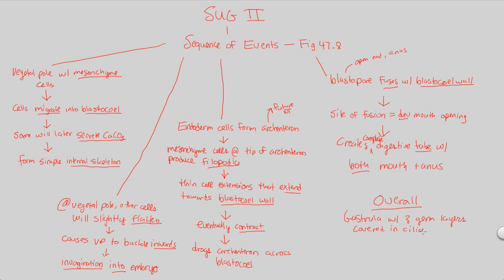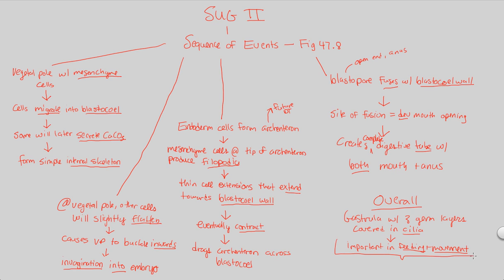Cilia are finger-like extensions that are going to be very important later on in feeding, something to keep in mind, and also in movement of the sea urchin. So the sea urchin has this specific overall event and ending that allows for feeding and movement eventually in its adult stage.